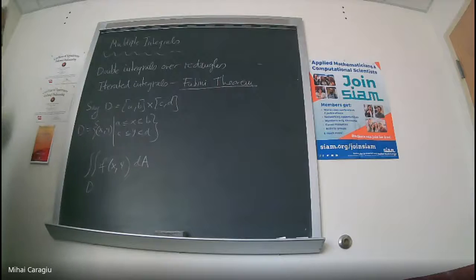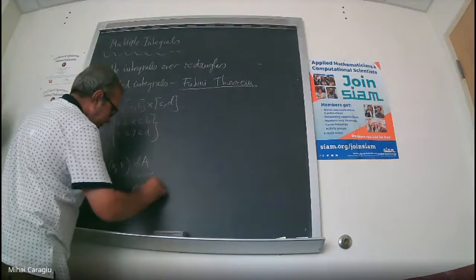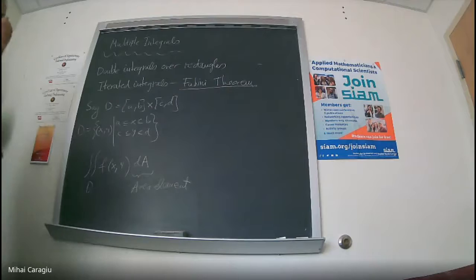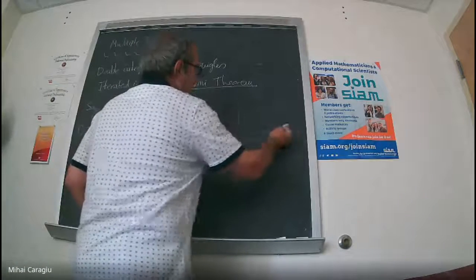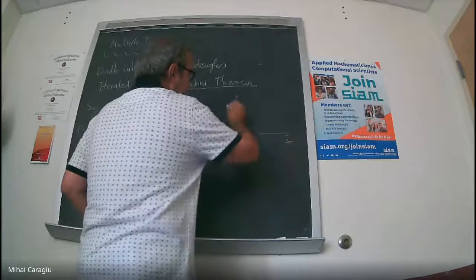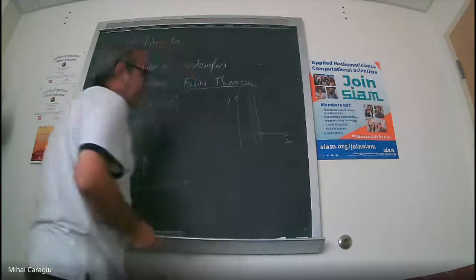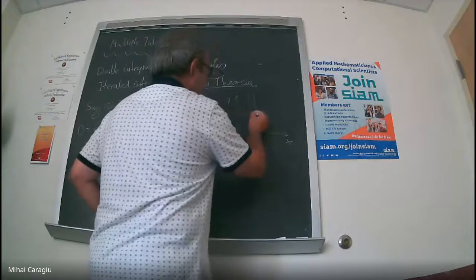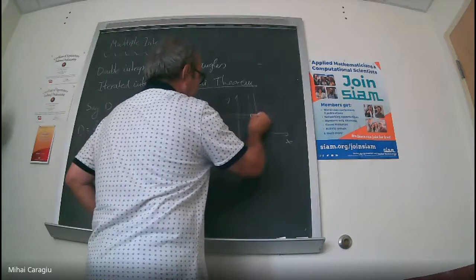What is dA? dA is the area element. Imagine like an infinitesimal grain of area. So intuitively, in the xy plane, you can say this is the x-axis, y-axis. If you take an infinitesimal variation of the x-coordinate and an infinitesimal variation of the y-coordinate, this will be a small, tiny rectangle, an infinitesimal rectangle.